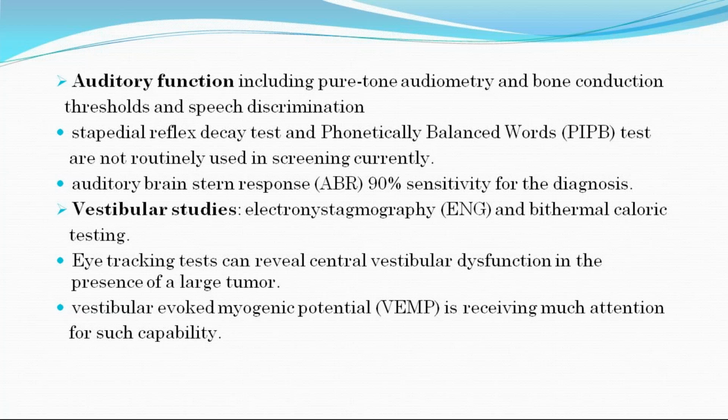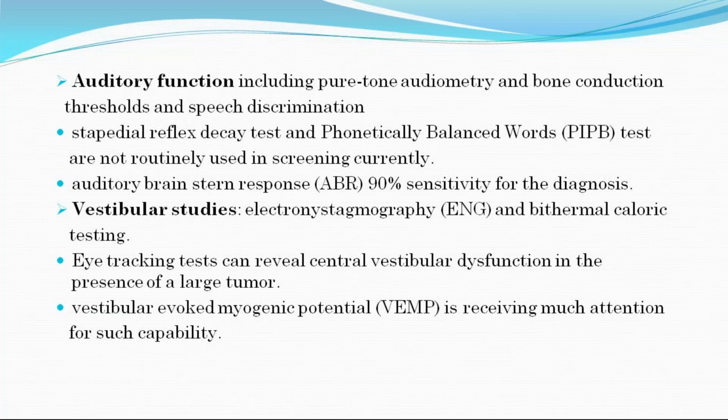Then group B, where the PTA level is less than 50 decibel and the speech discrimination score is more than 50%. Group C, where the PTA loss is more than 50 decibel and the speech discrimination score is more than 50%. And group D is where the speech discrimination score is less than 50%.